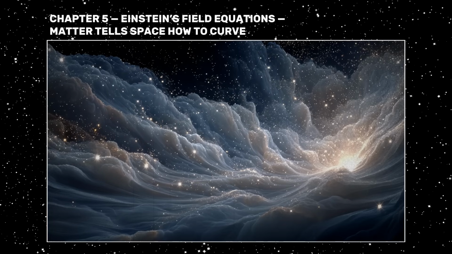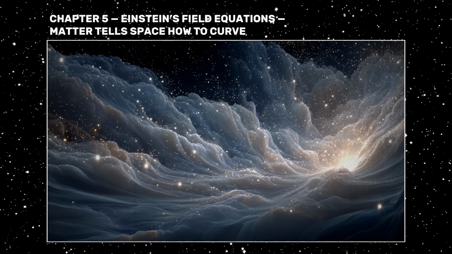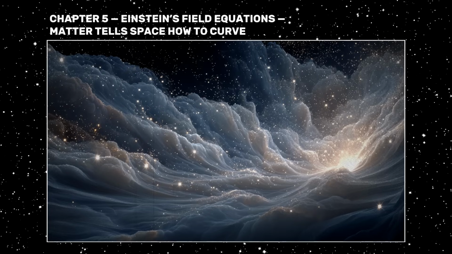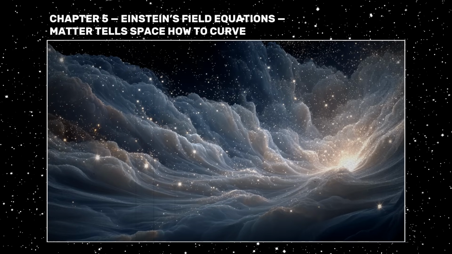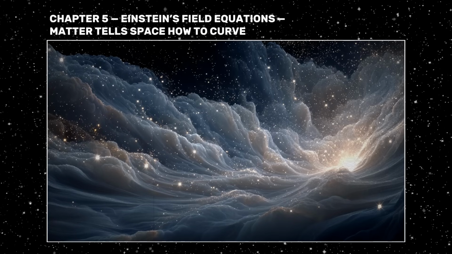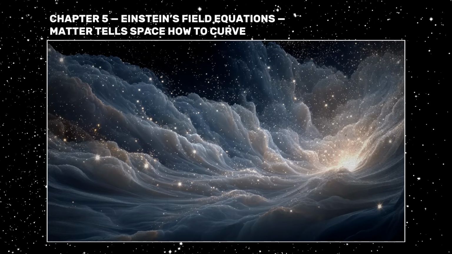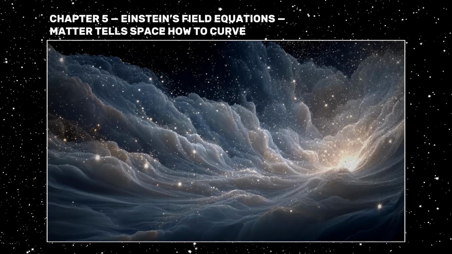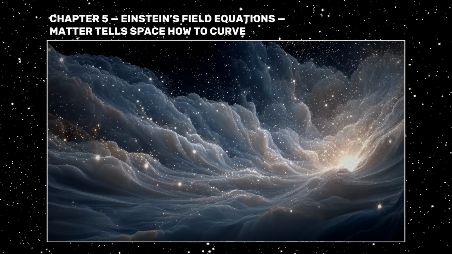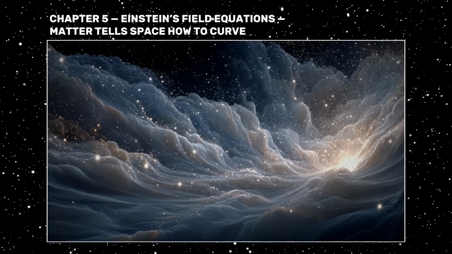The existence of gravitational waves, ripples in spacetime produced by massive accelerating objects, was predicted by Einstein in 1916 and directly observed a century later in 2015 by the LIGO collaboration. Each of these discoveries confirmed that the field equations are not just elegant mathematics, but faithful descriptions of reality.